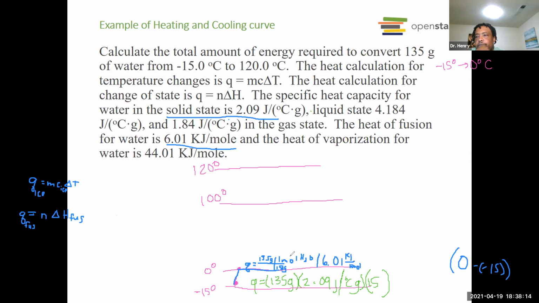Moles are going to cancel out, and we're left with just kJ. Now somebody's plugging these in, right? So then we're going to go from here. Oops. I'm going to move all of that over.